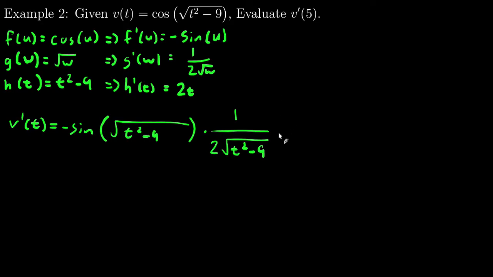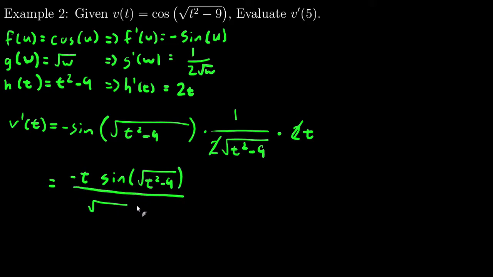And then I take the derivative of the innermost function in this case, t squared minus 9, which will just be 2t. And I can clean this up a little bit by sending these to the numerator and canceling out these 2's. So I'll end up with negative t sine of root t squared minus 9 all over root t squared minus 9.